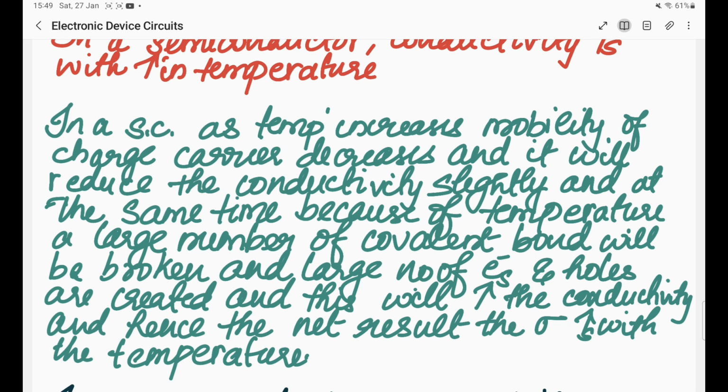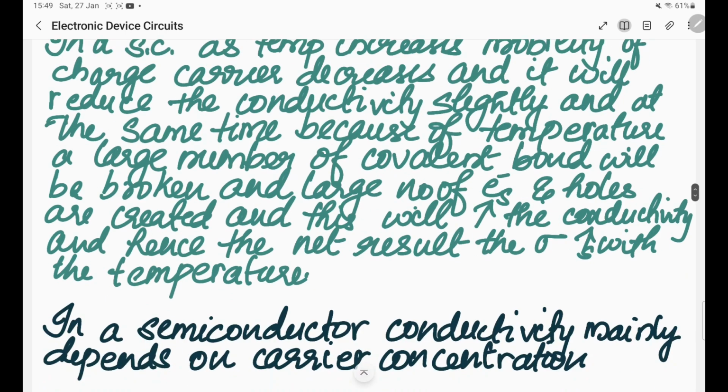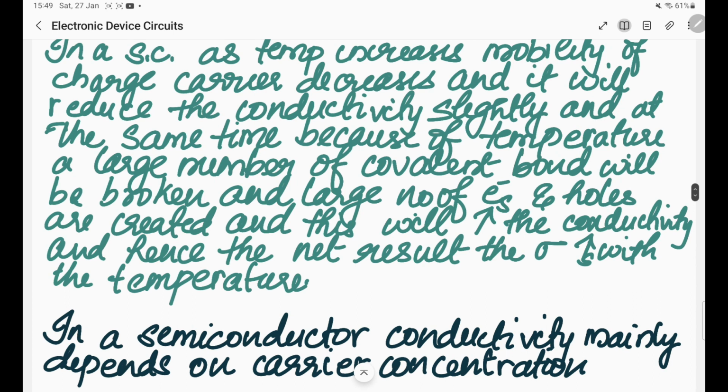For the time being, understand that a large number of covalent bonds will be broken, and a large number of electrons and holes are created. This will increase the conductivity, and hence the net result is that conductivity increases with temperature. So that's what happens in a semiconductor.